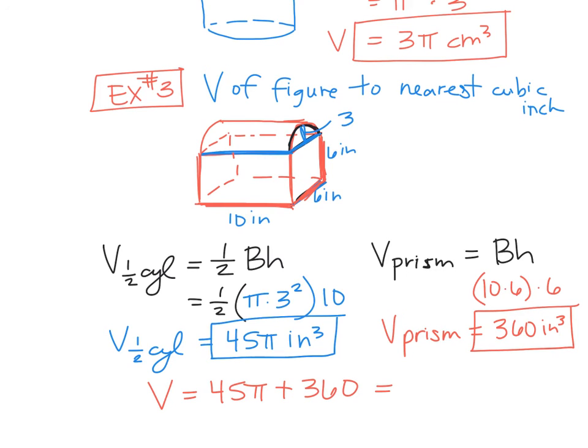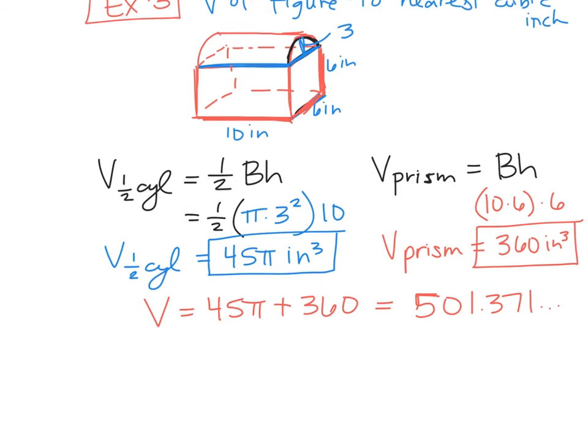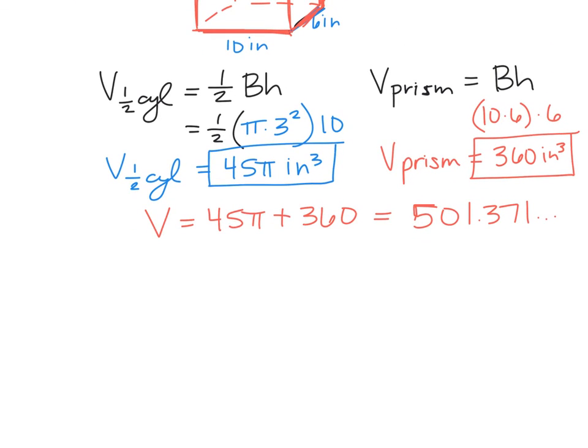And when you plug that in, you get this number. Right, that keeps going. So to the nearest cubic inch, what's the volume of our figure? 501, right? 501 cubic inches.